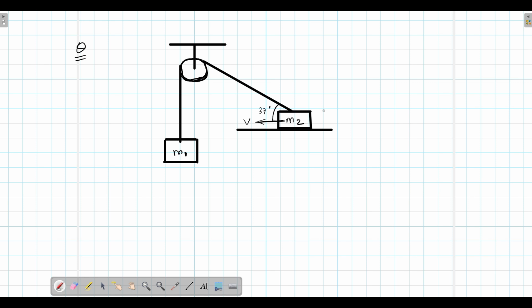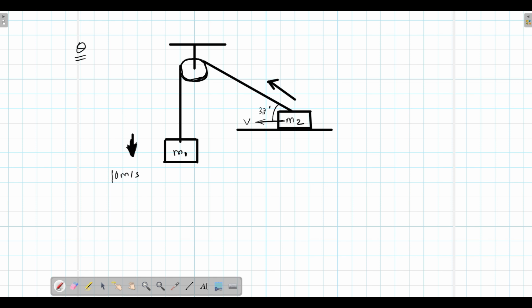So m1 moves in downward direction with 10 meter per second. So this is v, this is 37.